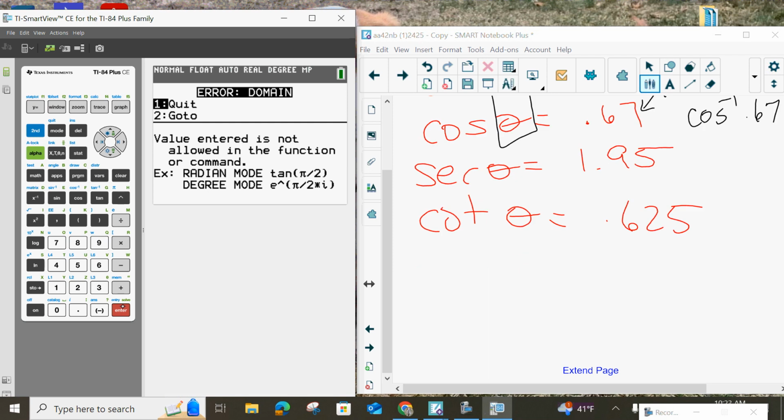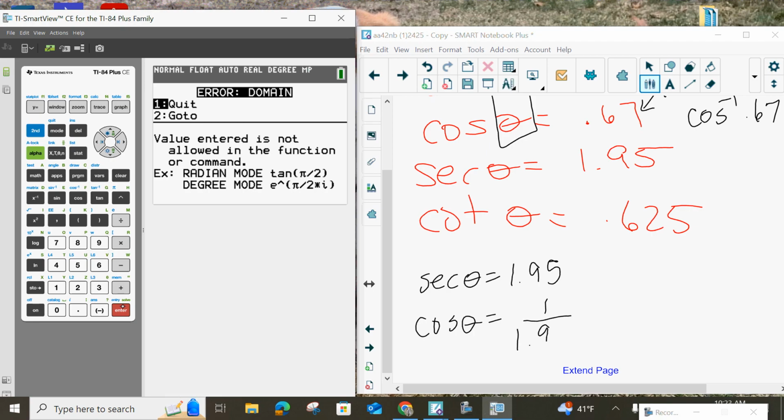All right. Here are the hardest ones, the bottom two. Okay, so secant of theta equals 1.95. I don't have my secant button. Leo, what's secant's reciprocal? Cosine. So if secant is 1.95, what is cosine going to equal? 1 over 1.95.